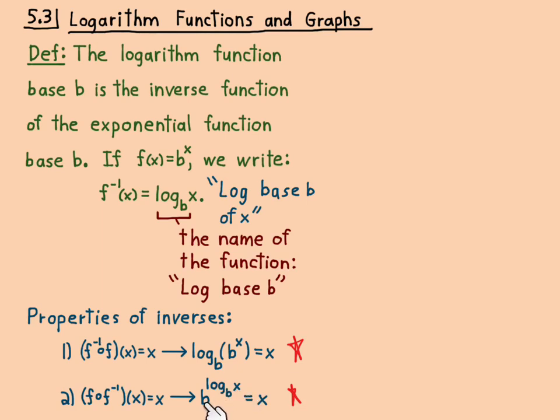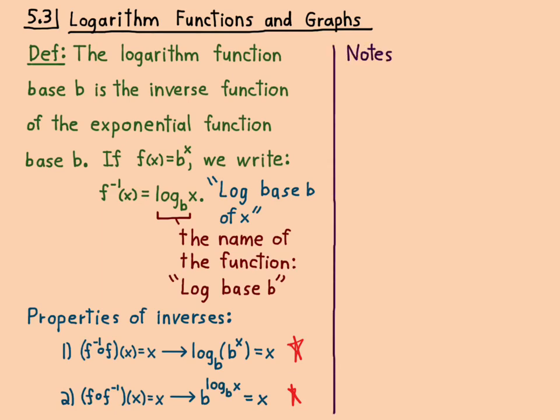This exponential function and the log base b function cancel, and you get the input x. So you need to know these two formulas, but you can remember them just by remembering these, and maybe kind of remember what they look like.